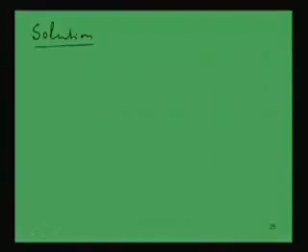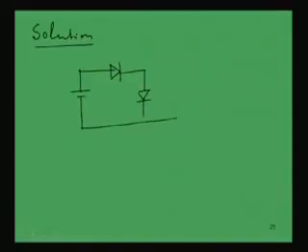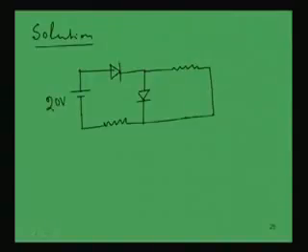So, we again draw the circuit. Here this voltage is given as 20 volt, and this is diode 1 D1, D2.